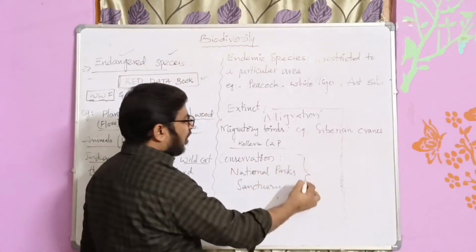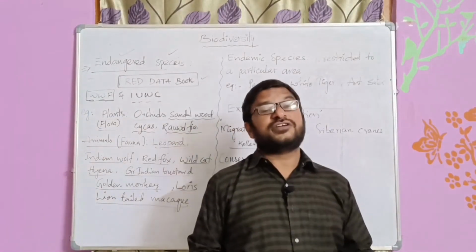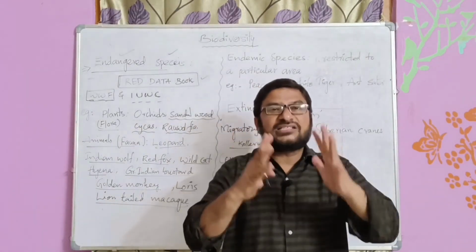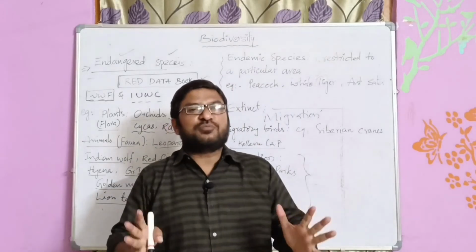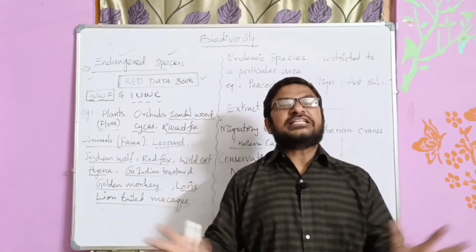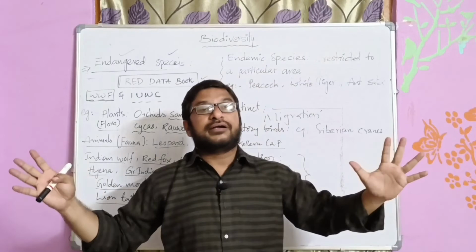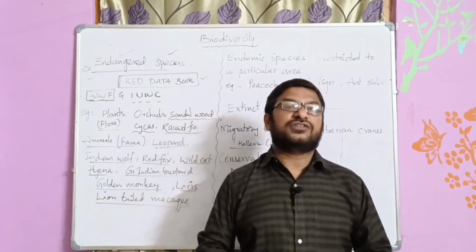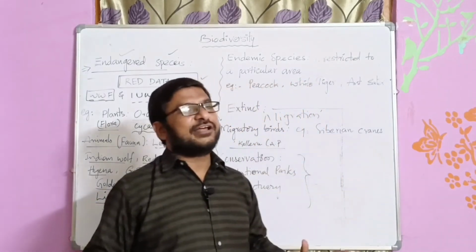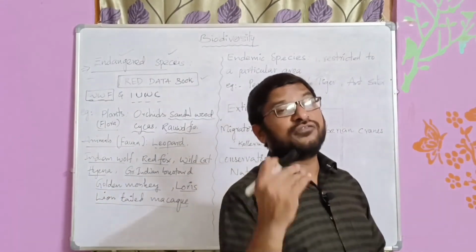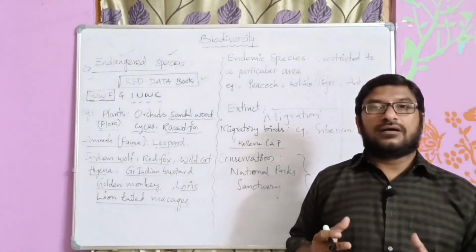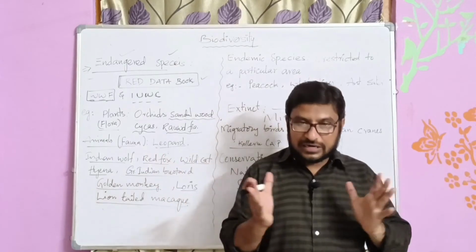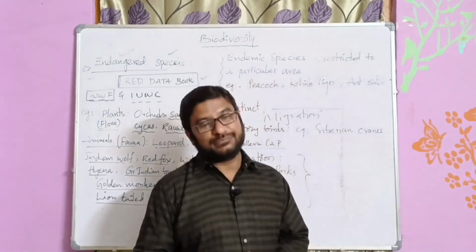Next, the important thing is conservation. We have to conserve. We have to maintain balance in the environment. We have to make this nature happy, free and dangerless, so we have to conserve them. For conservation, different types of organizations along with the government take interest, and all the species are conserved in different schemes.